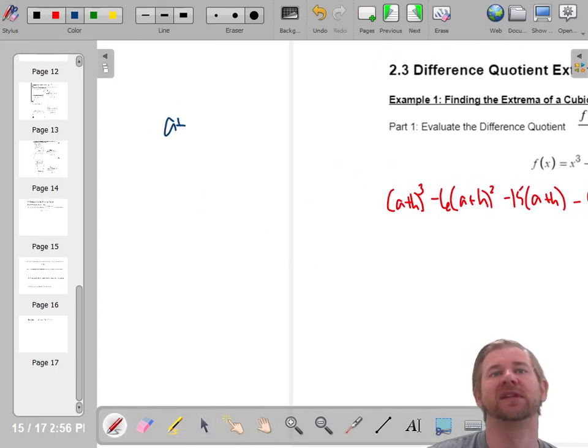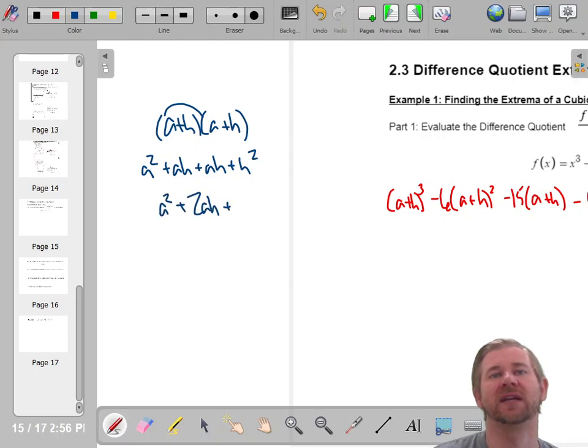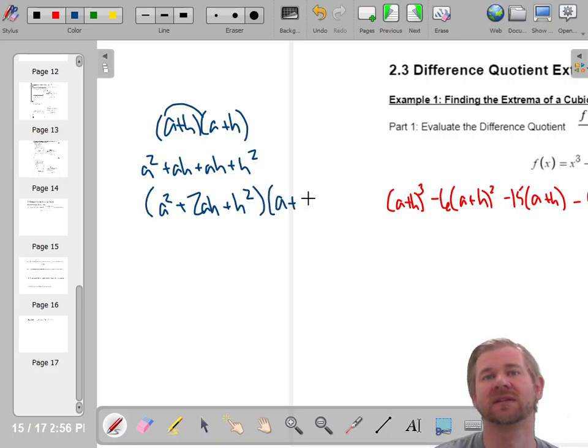If I do a plus h squared, that's a plus h times itself. And we've done this. It's a squared plus ah plus ah, and then h squared. So that's a squared plus 2ah plus h squared. That's this. Now I'm going to need to do it again times a plus h.